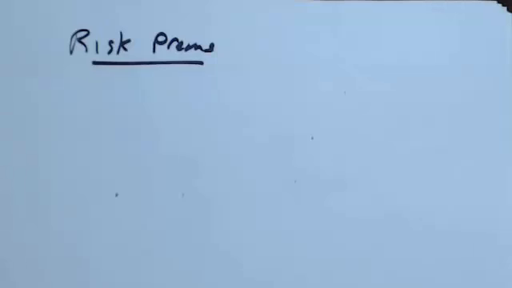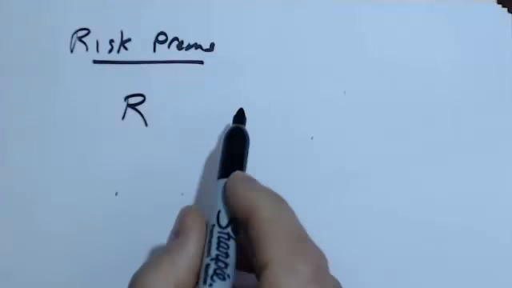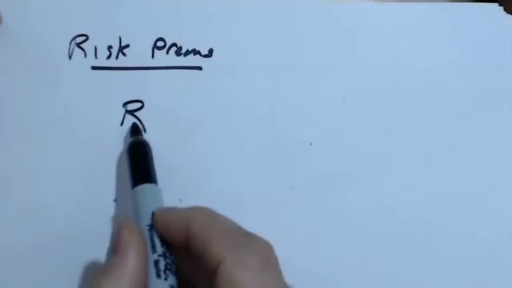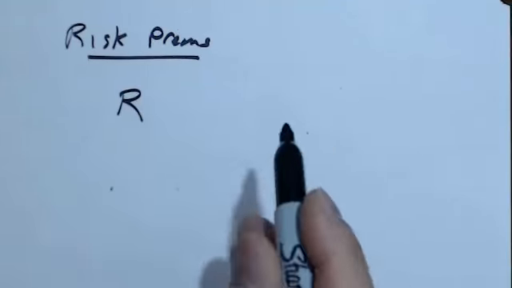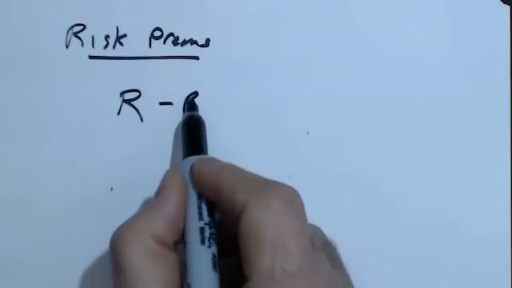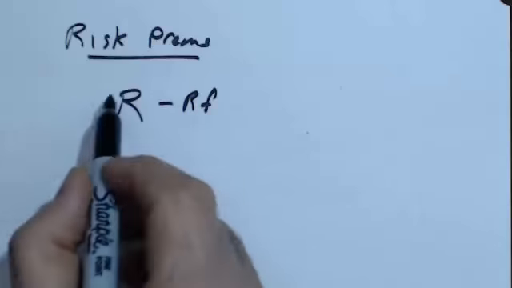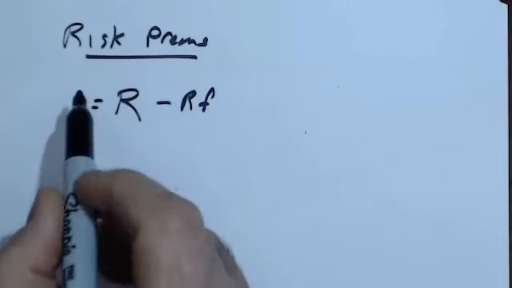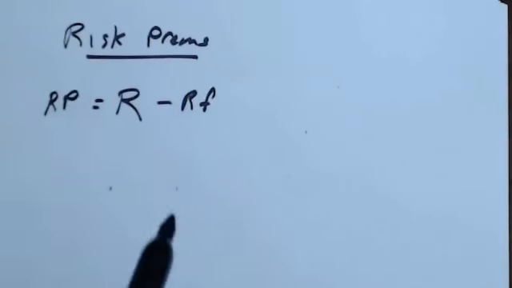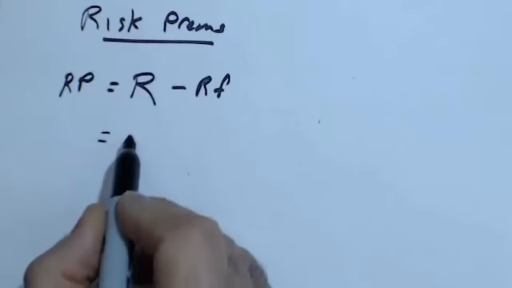And so a risk premium is calculated by taking the return on a risky security, call it capital R, and subtracting out the risk-free rate. I'll call it capital RF for the risk-free rate. And so this is what I'll call RP for risk premium. So for large company stocks, let's use it as an example.